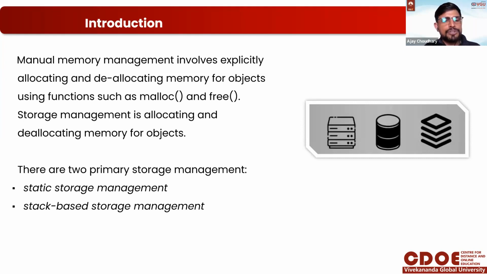There are two primary storage management types. The first one is static storage management and the second one is stack-based storage management. So what do you think about static? Static means, as you learn in C programming language, when you declare any variable at compile time, you require some memory, some storage at compile time.